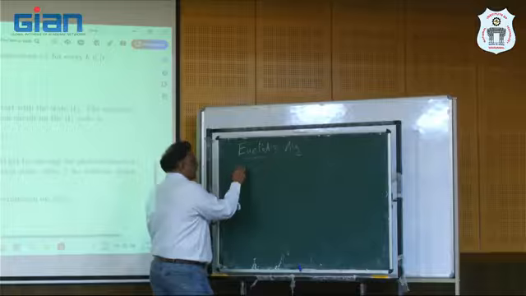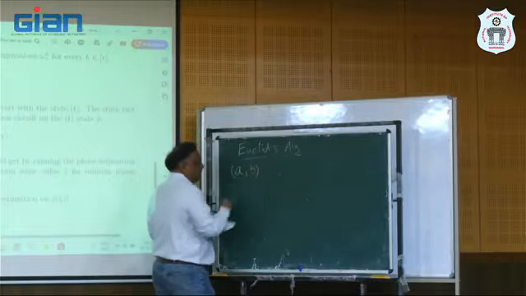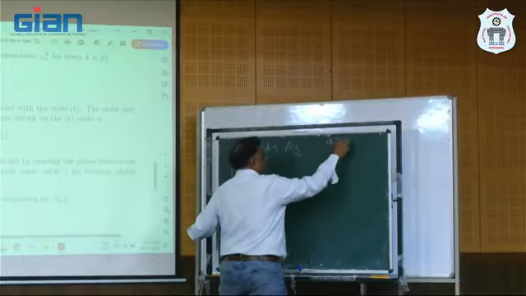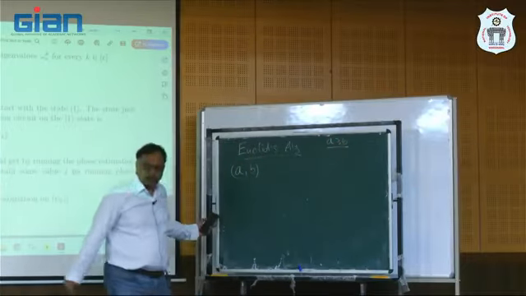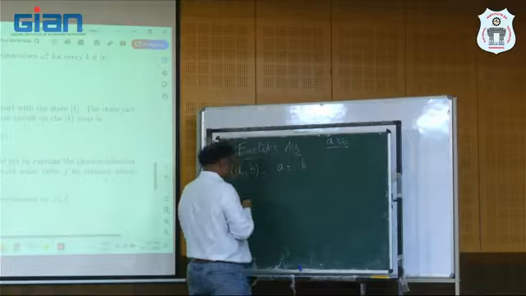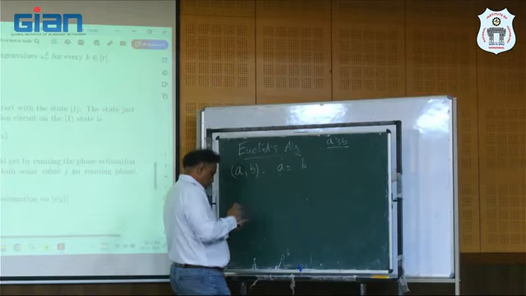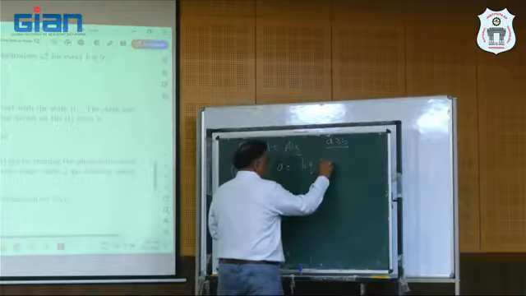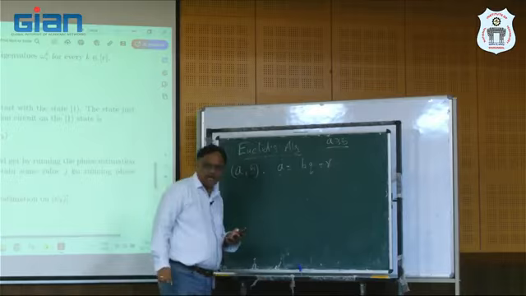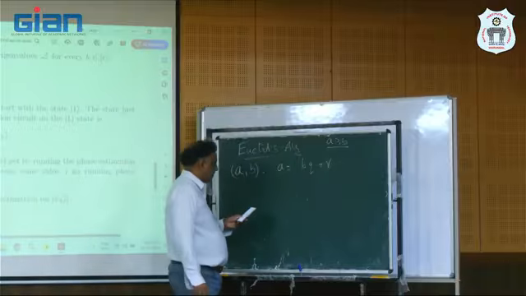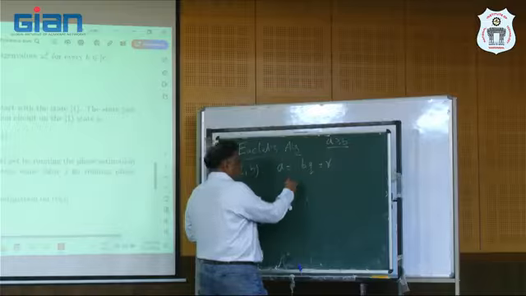Let us say you are trying to find GCD of A and B, okay? Assume A greater than B. So you write A as B times quotient plus remainder. Now this you have found.